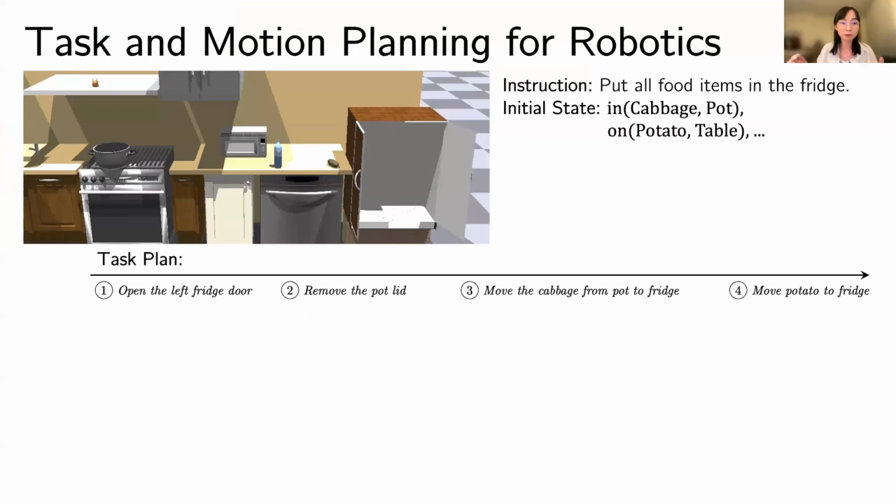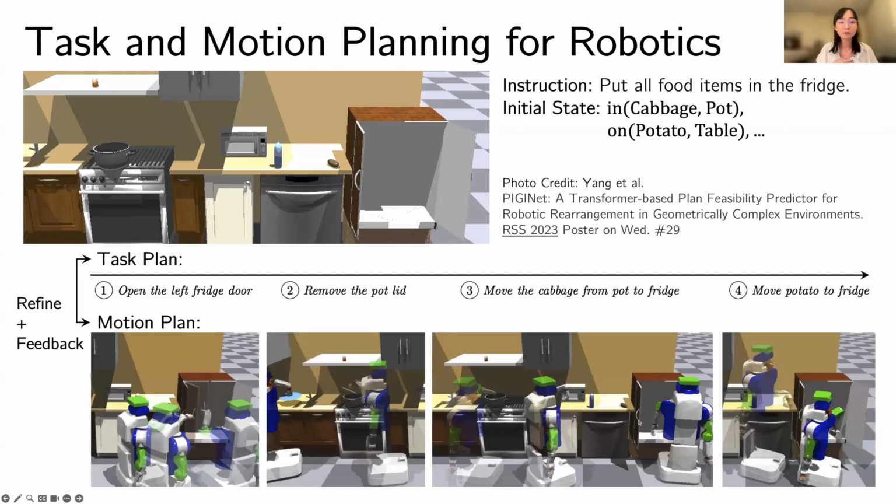And first, it generates a task-level plan. In this case, it contains 4 steps: open the left fridge, remove the pot lid, move the cabbage, and move the potato. We call this the task planning part. Furthermore, the task-level plan can be refined into a motion-level plan, in this case also composed of 4 steps, but composed of actual robot motions.